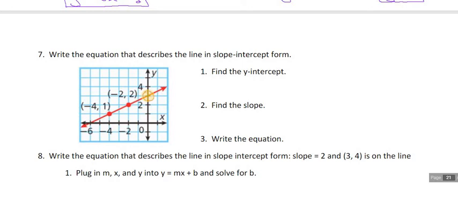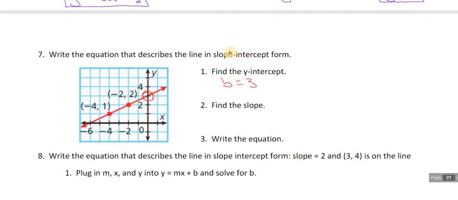Well, it's right here is our y-intercept, and our y-intercept is 3. So I'm going to literally write b, which is the way that we represent y-intercept, b equals 3. So we've got the intercept part.